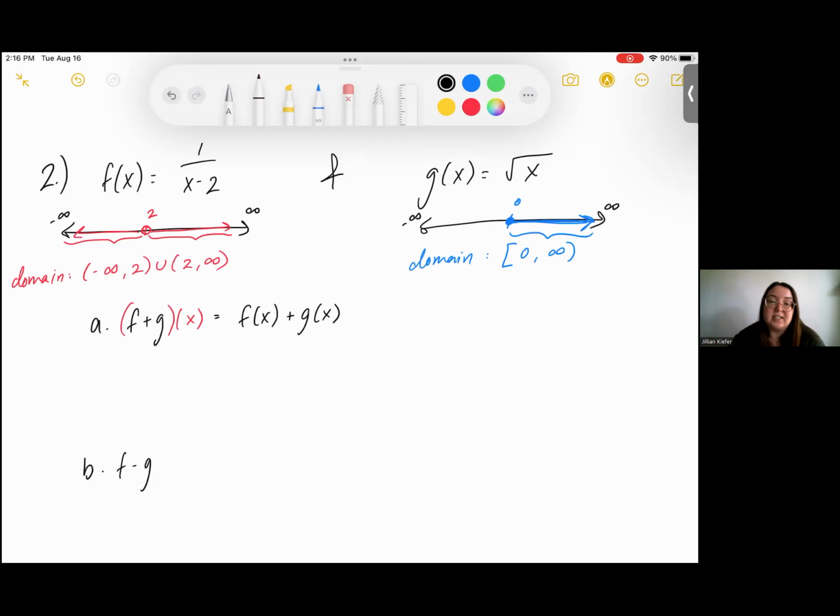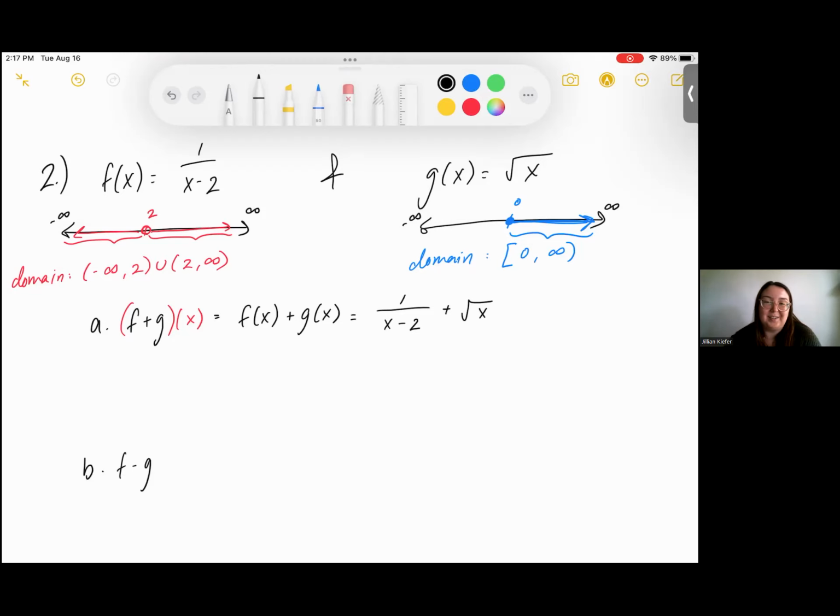So this really is insinuating f of x plus g of x. We know what f of x is. We know what g of x is. We can go ahead and add them together. So f of x is 1 divided by x minus 2. And g of x is the square root of x. Now for this problem, we have a fraction plus a square root.